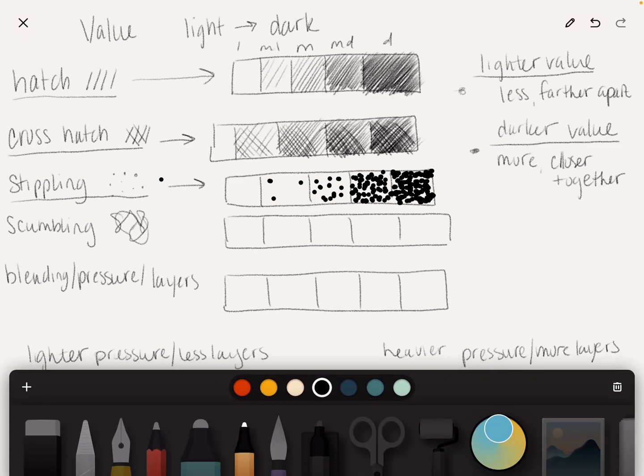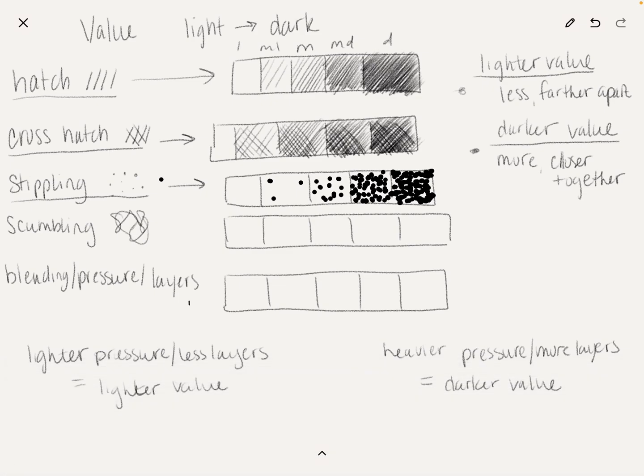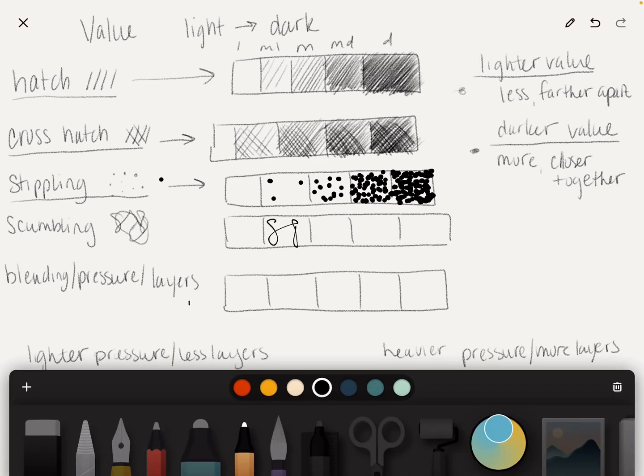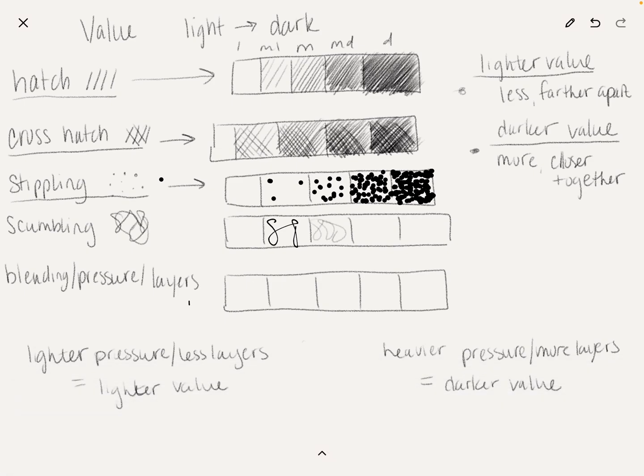All right. Scumbling is also really fun. It's basically the fancy way of saying scribbling in art. Let me do this with a pencil. So the more scribbles that I have, the darker it's going to look. The more that I overlap them, again, the darker it's going to appear.